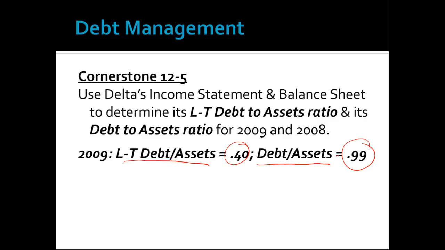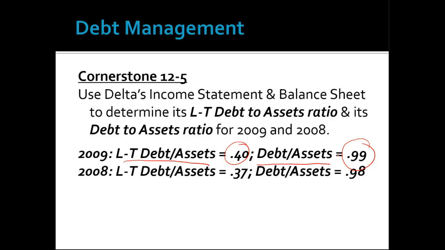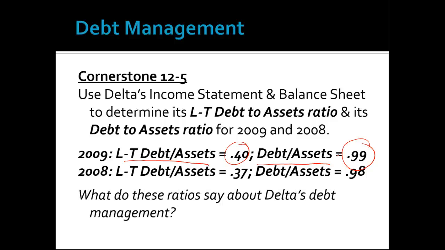This company is 99% financed by debt. That's 2009. Was it better or worse in 2008? If you said that the company was slightly better in 2008, then you are correct, but this is not a flattering picture for this company.